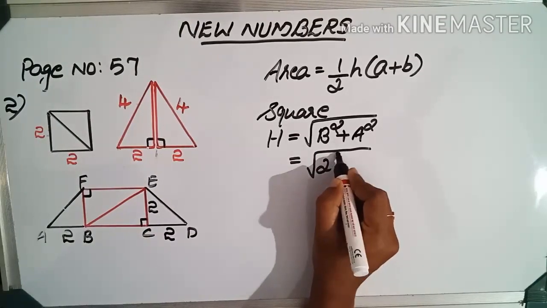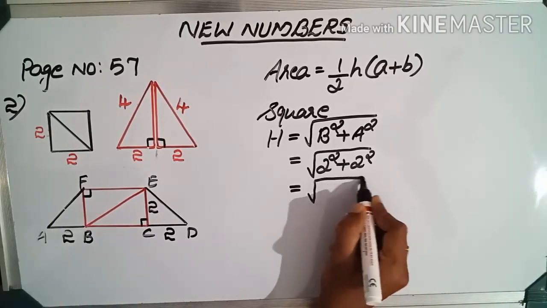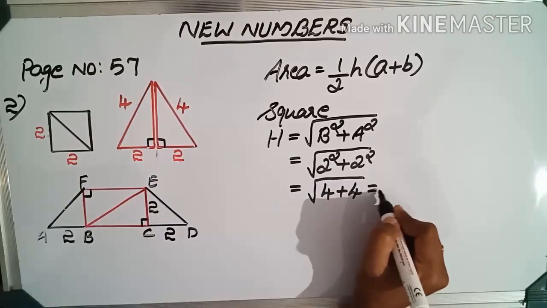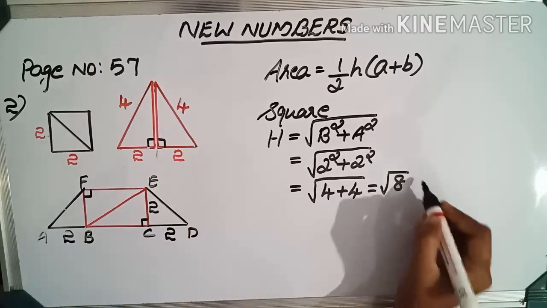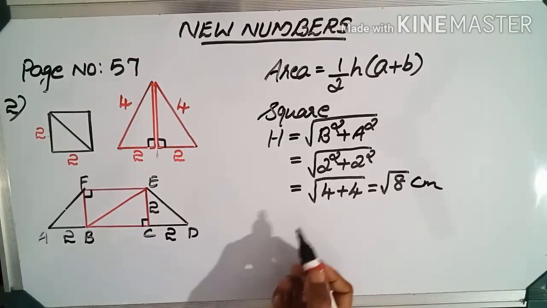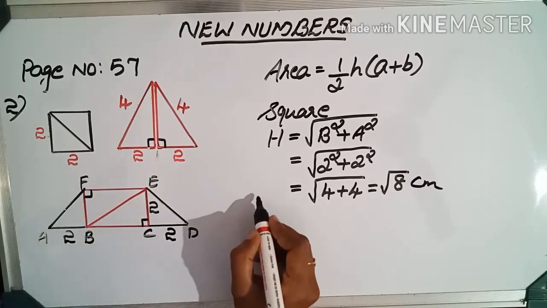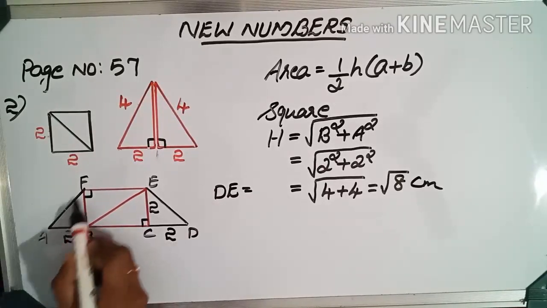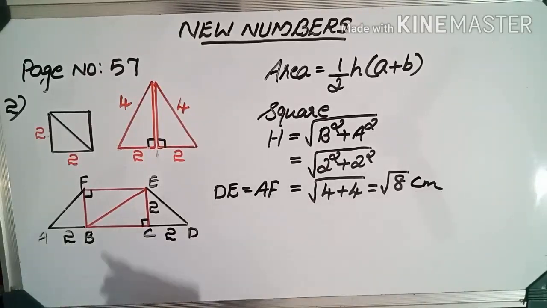So root of 2 square plus 2 square, that is root of 4 plus 4. So the answer is root 8. Hypotenuse is root 8 centimeter, which is the same as DE. One more portion is there, that is AF. DE equals AF equals root 8.